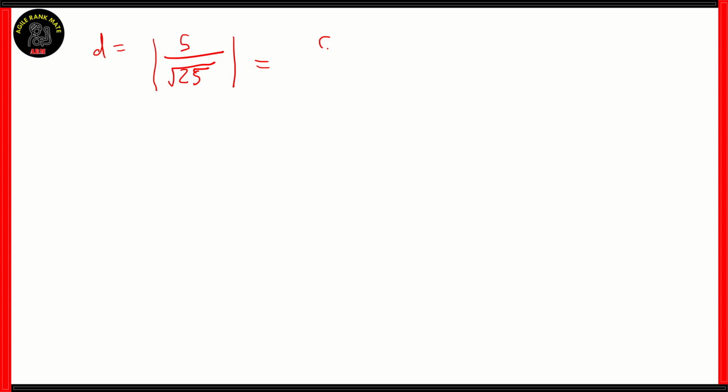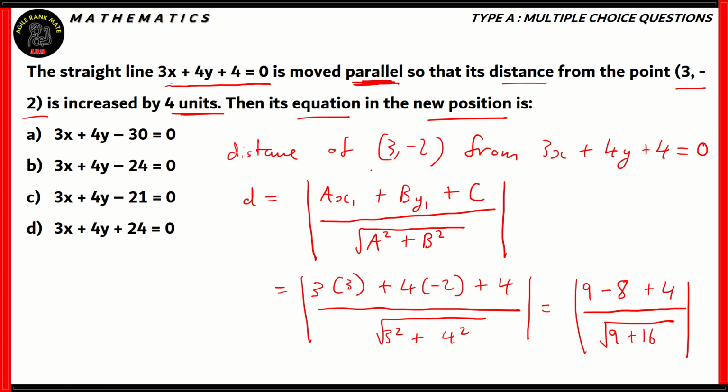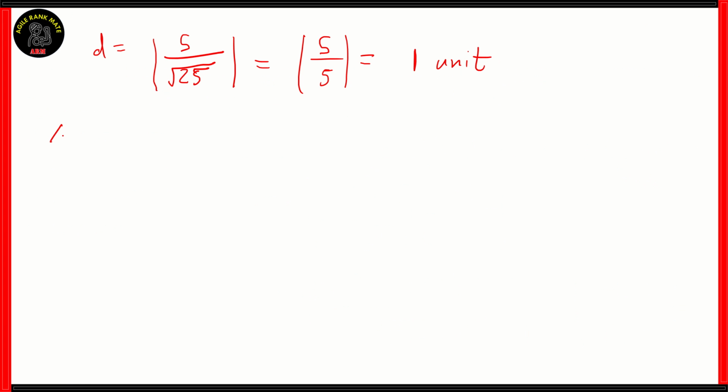Now the square root of 25 is 5, so it's |5/5|. So that means the total distance between the point (3, -2) and 3x + 4y + 4 = 0 is 1 unit.